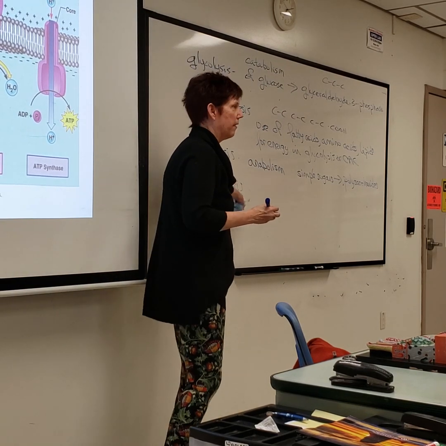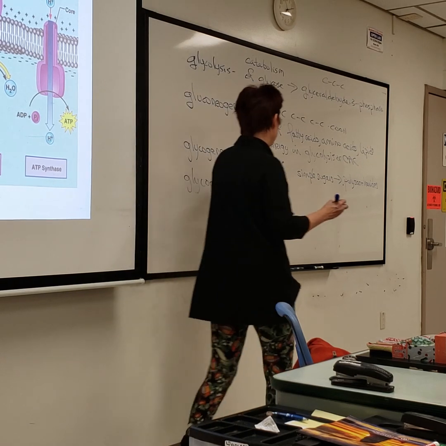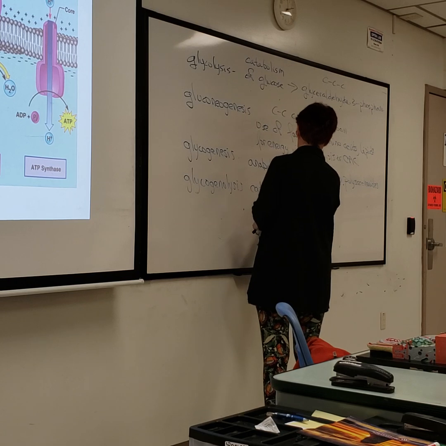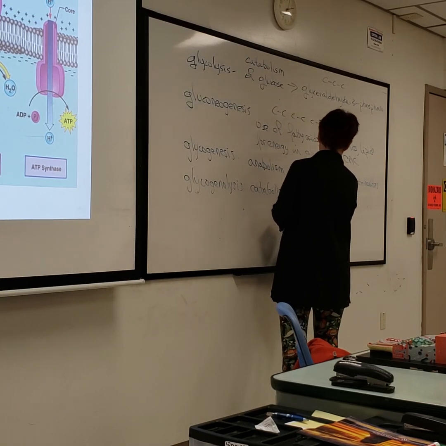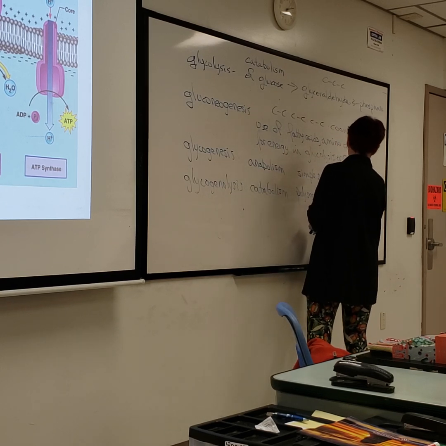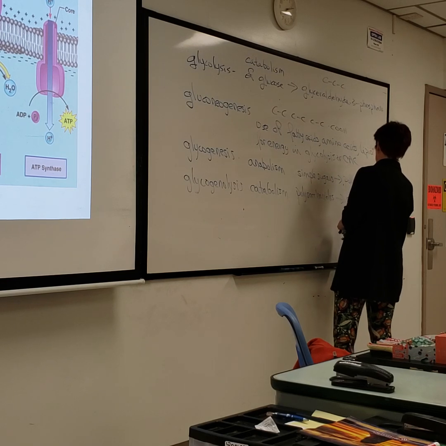So this is making glycogen, this is breaking down glycogen, okay? So this would be the catabolism, the reverse. So within the cell, taking polysaccharides and returning them to simple sugars, to monosaccharides.